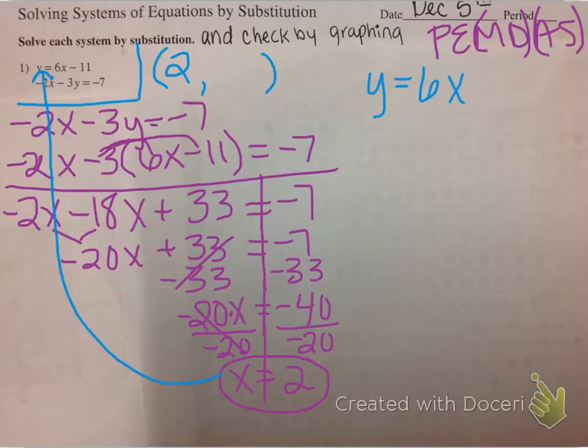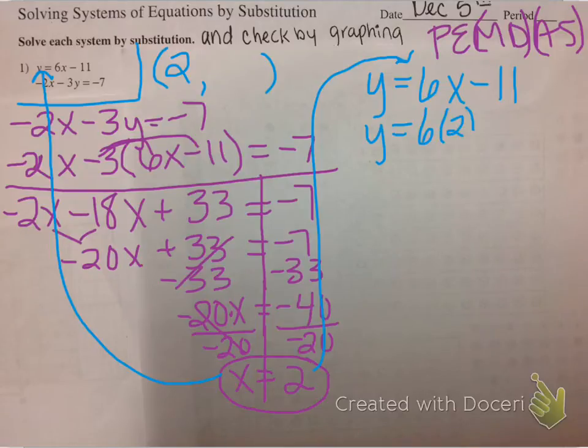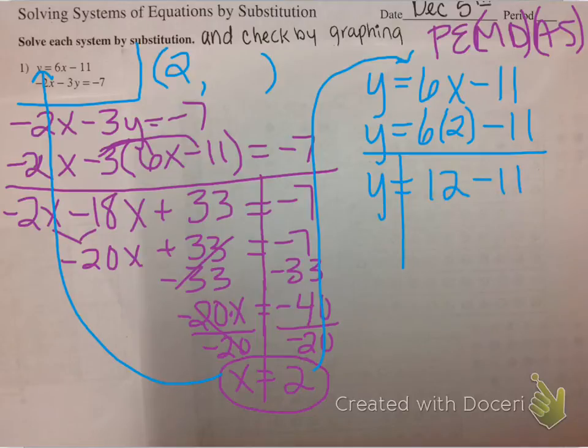So y equals 6x minus 11. I have the number for x, so I'm going to put it in there. y equals 6 times 2 minus 11. So y equals 12 minus 11. y equals 1. And I need to put that right up here into my answer.